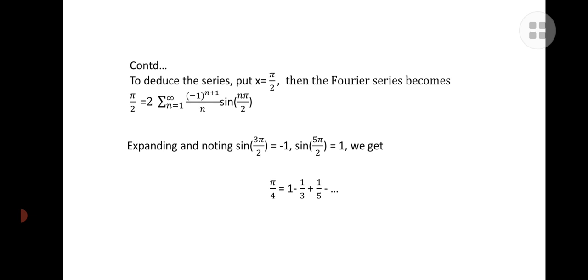And using the Bernoulli theorem expansion, we will get the series in terms of summation (1) to the power of n plus 1 divided by n sin n pi divided by 2.